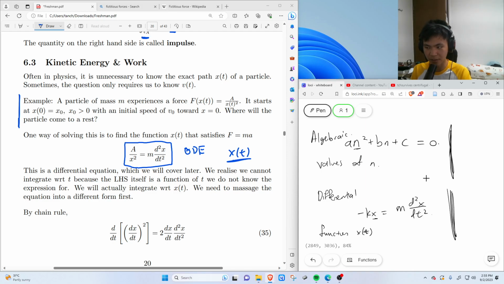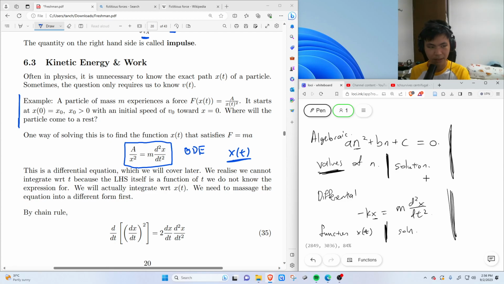The only difference is that in the algebraic equation, your solution is a specific real value of n, but in this case, your solution is a function that satisfies the differential equation. So we're basically upgrading from single values for solutions to entire functions for solutions.